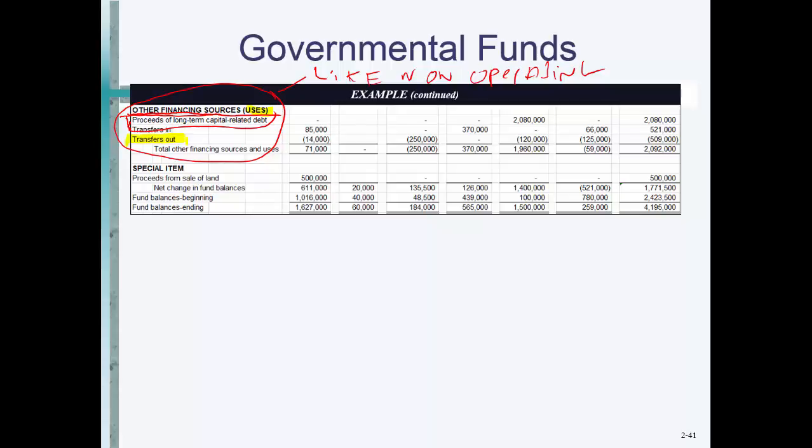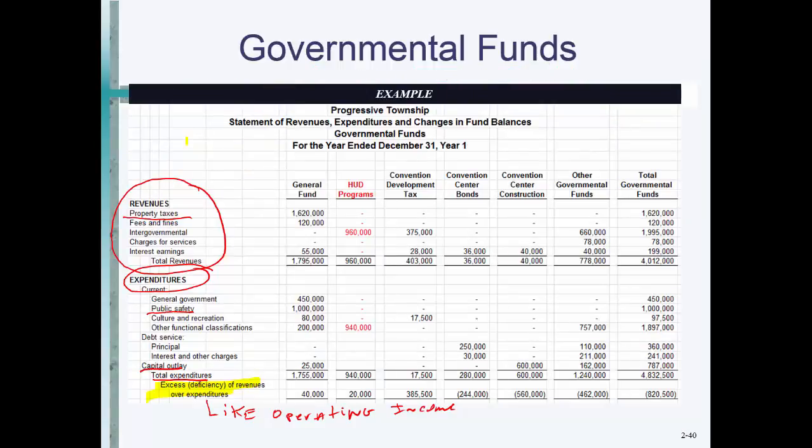The other takeaway is that you need to know this line item right here is reported on the statement of revenues, expenditures, and change in fund balance, and it is the difference between my revenues and expenditures, isn't it?